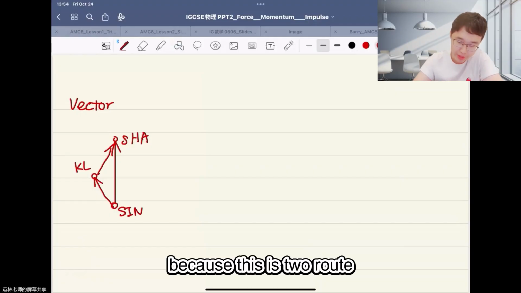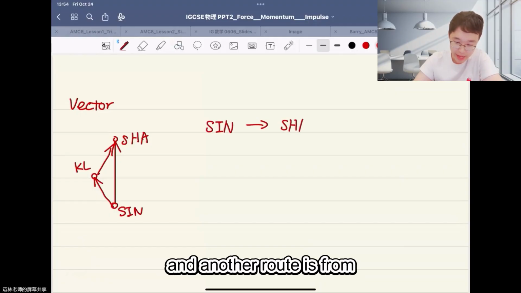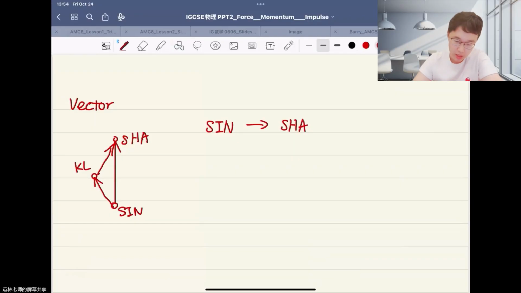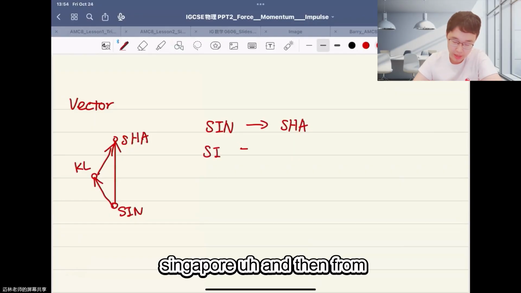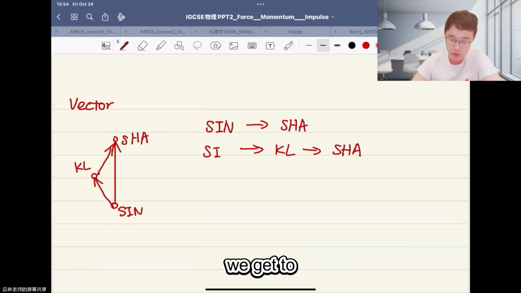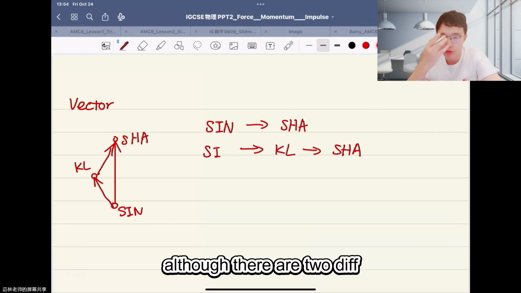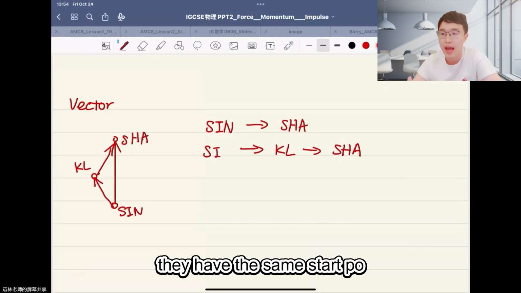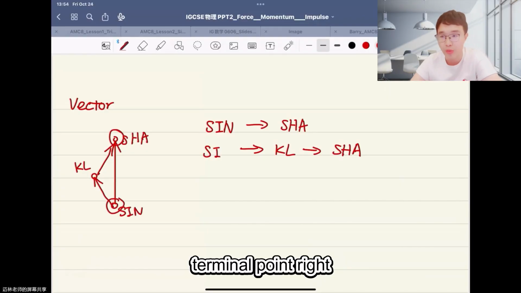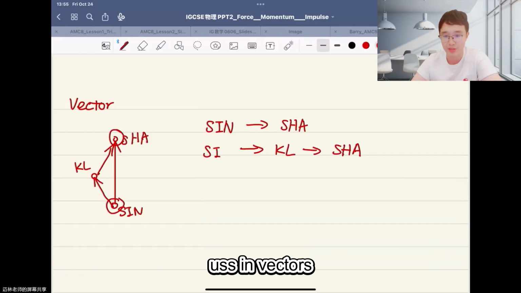Because this is two routes. One route is from Singapore to Shanghai, and another route is from Singapore to Kuala Lumpur, and then we get to Shanghai, right? Although they are two different routes, they have the same start point and the same terminal point, right? Okay, so here is what we discussed in vectors.